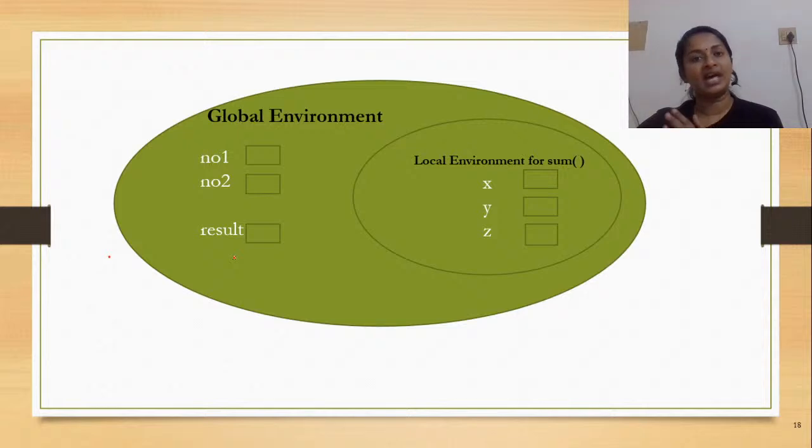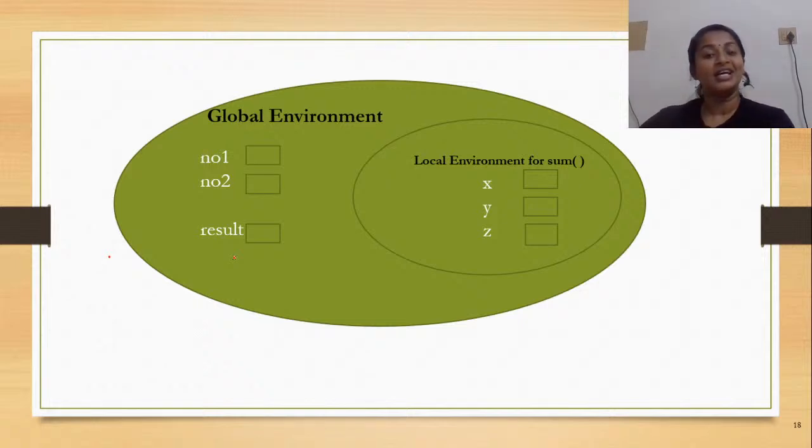Now we have separated and told what is a global environment, which variables from the previous example would come here, and naturally what is the local environment, and which variables inside the function would come in the local environment for the function sum.